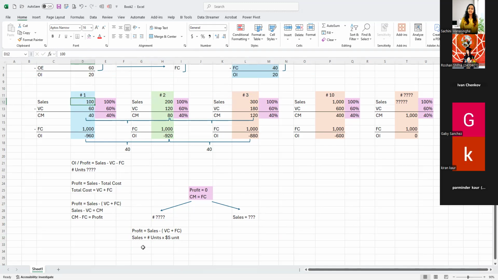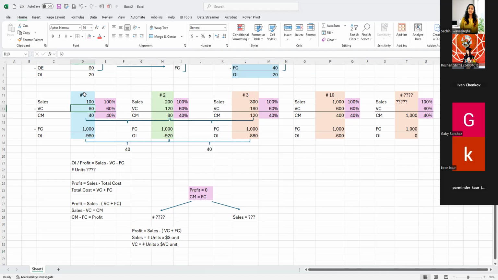Now, let's think about the variable cost. What's the variable cost equal to? Same idea, number of units times variable cost per unit. Correct? Yes. Let's see that.